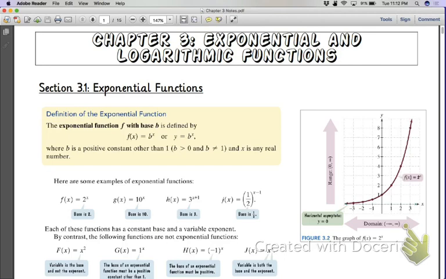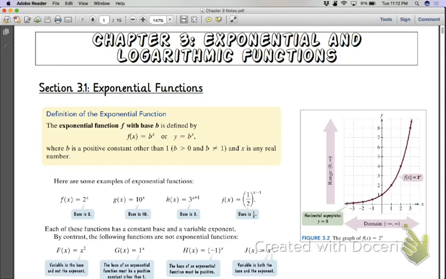Whenever we have any sort of exponential function in a graph, you have different parts. Your domain is always going to be negative infinity to positive infinity.